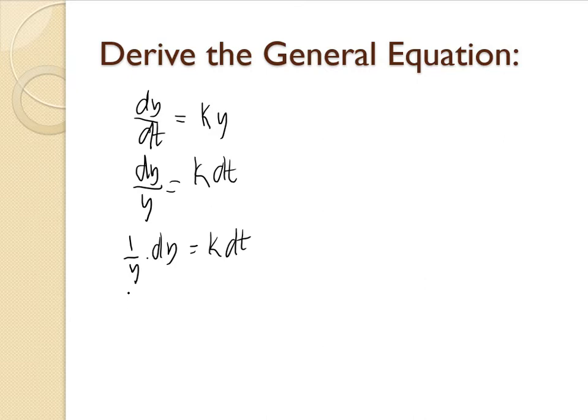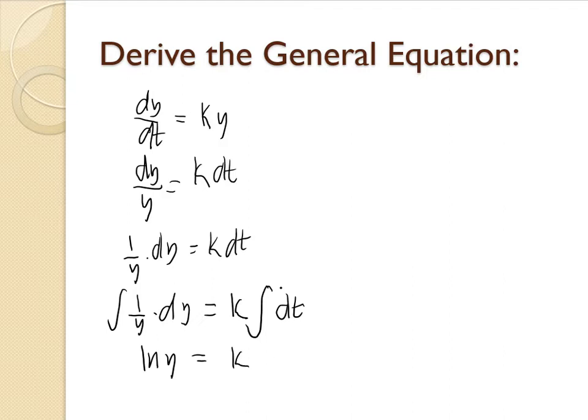And then the next step is to get the integral of both sides. So integral of 1 over y dy, and yung k ilabas na natin and get the integral of dt. So integral of 1 over y dy is ln y, equal to k times the integral of dt, which is t plus c.